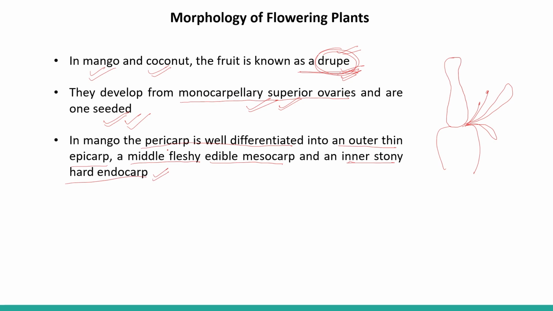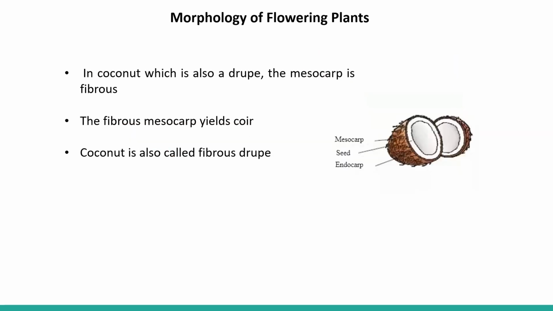But in coconut, which is also a drupe, the mesocarp is fibrous. You can see the fiber-like structure. When the coconut is green, it has one green covering, and that is the epicarp.